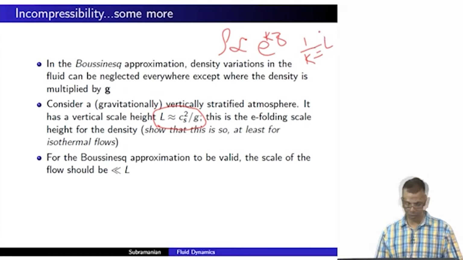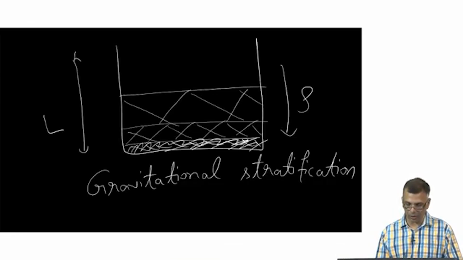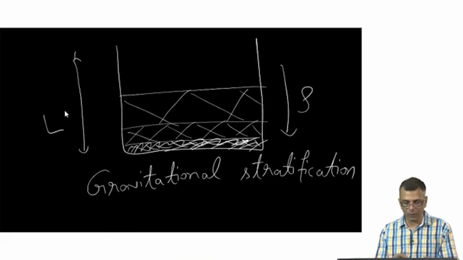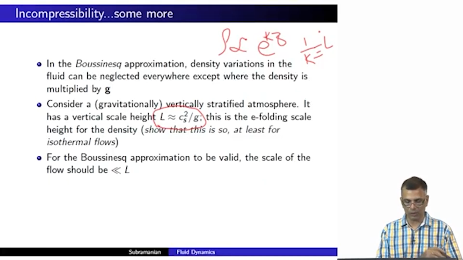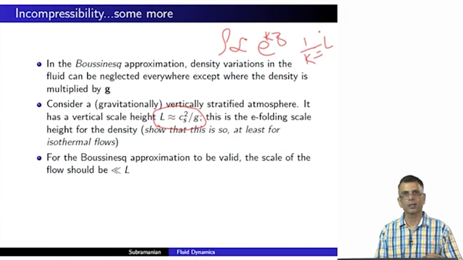Okay. So if that was the case, then you want the scale of the flow, whatever flow is taking place, to be much less than L. This flow should be confined to a vertical dimension that's much smaller than L. So under such circumstances, the Boussinesq approximation is valid.